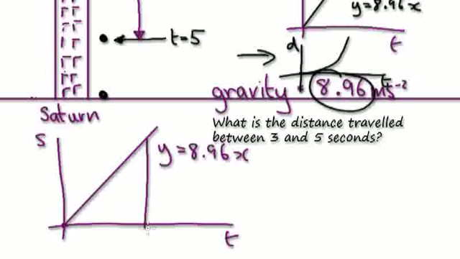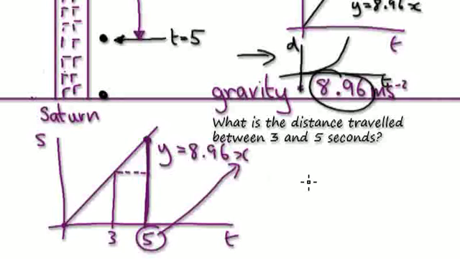And we want to know the distance traveled between, let's say, 3 and 5. So let's just work this out. What is this point here? Well, the height here is: put the 5 into this equation. That will give you the height.